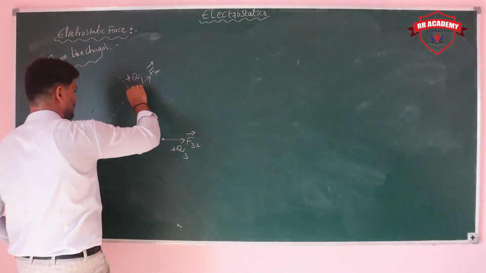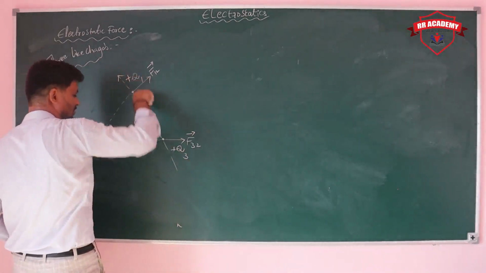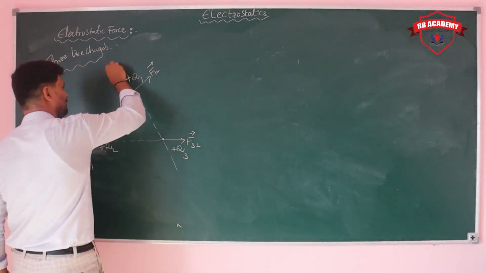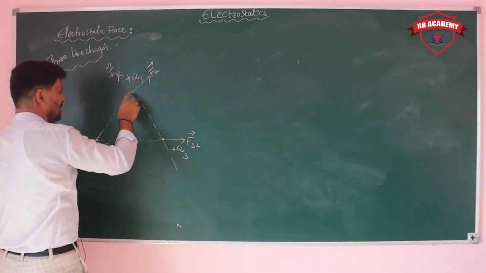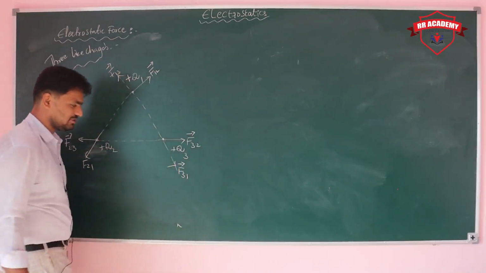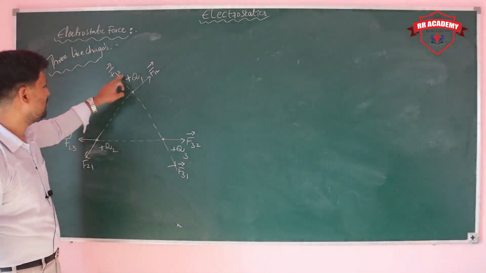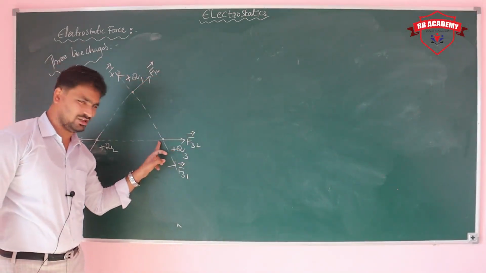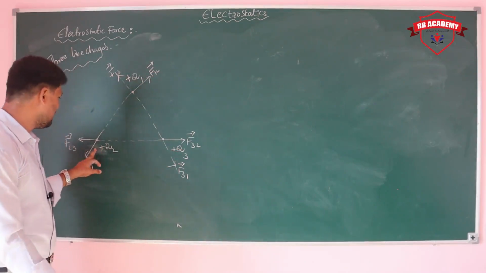And coming to this one, these are also like charges. Means 3 repelling 1, force on 1 by 3, and 1 also repelling 3, force on 3 by 1. See here: force on 1 by 3, force on 1 by 2, force on 3 by 2, force on 3 by 1. Two forces are acting here, here also two forces.